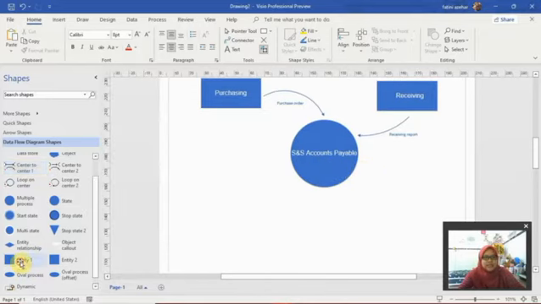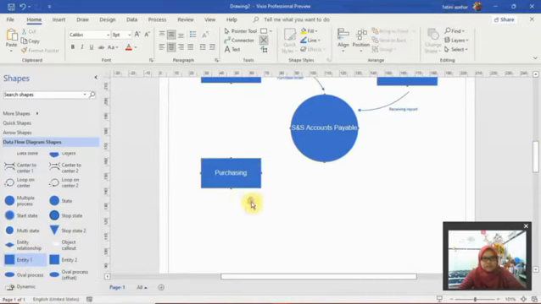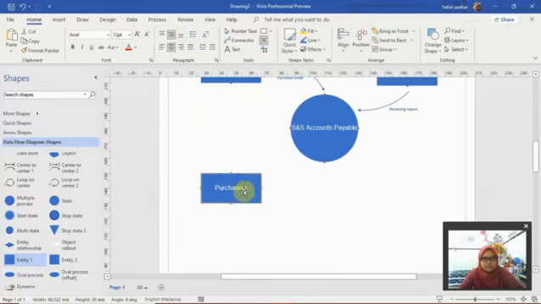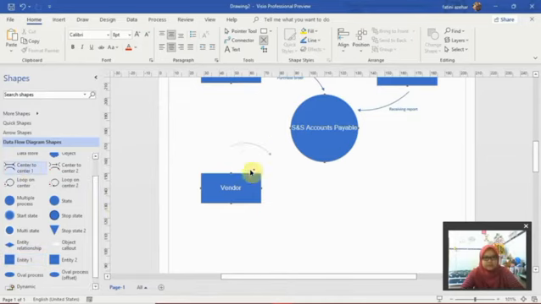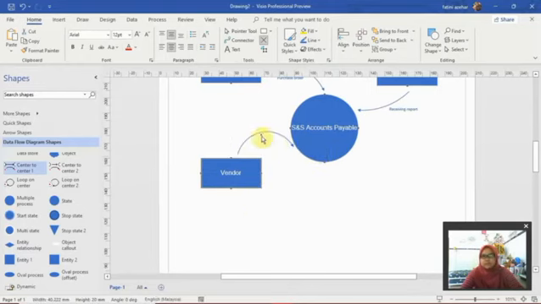The next is the vendor. Here we write the invoice.